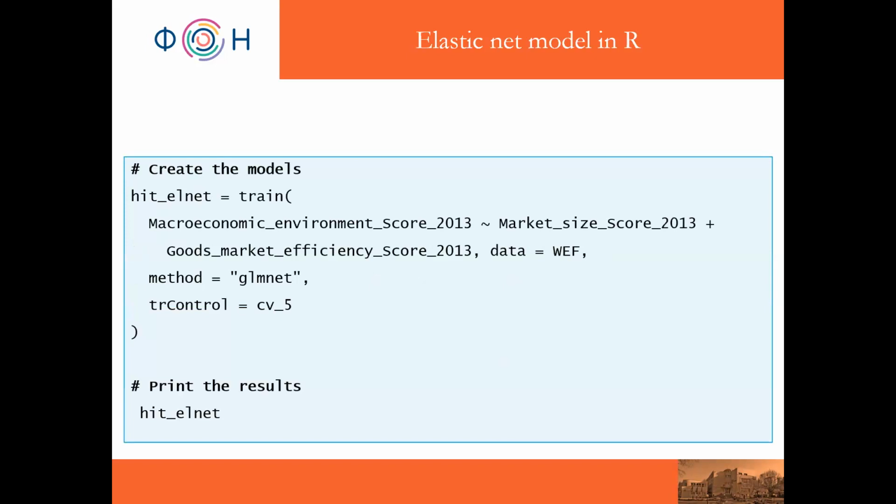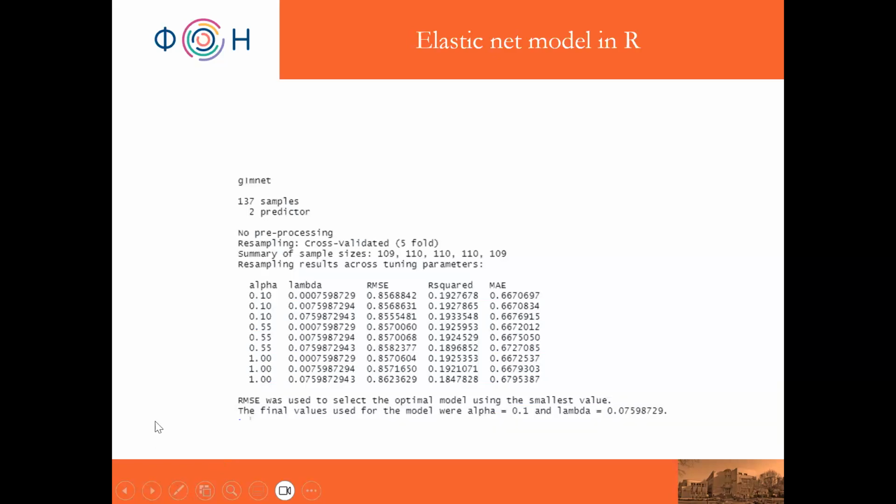Here the function is maybe a little bit more complex. We want to create the training model using the function train. After obtaining the results, this would be our GLM. This would be our results.